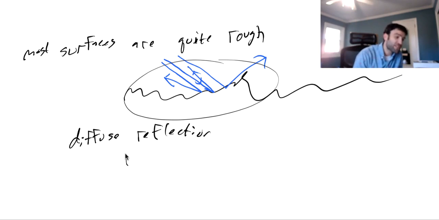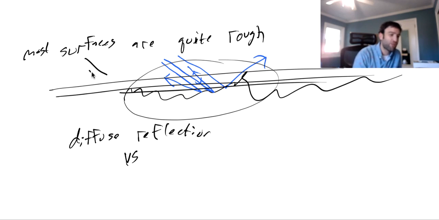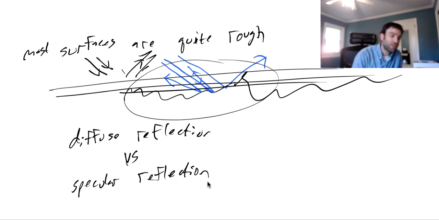In contrast, when you have a mirror and this thing is just a beautiful flat surface so that rays of light that start out close to each other end up close to each other, that's called a specular reflection. And that's the kind of reflection where you can actually see an image of the thing reflected.